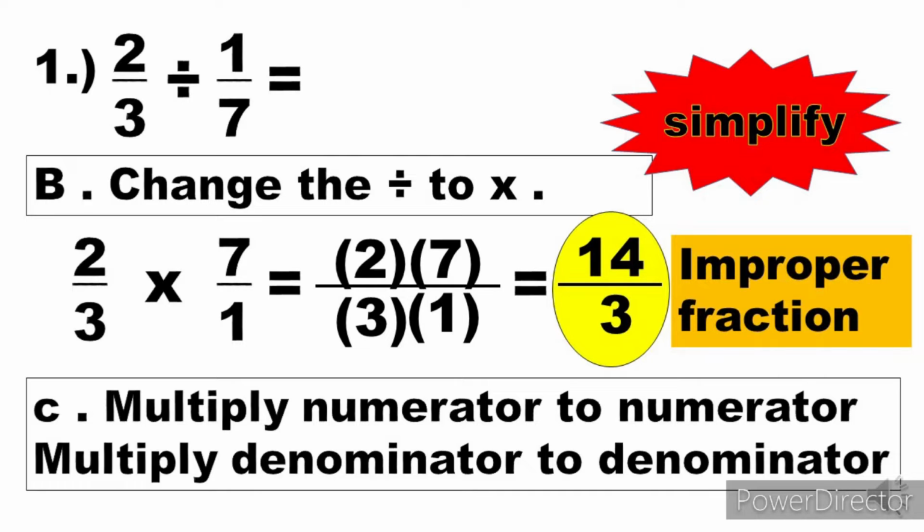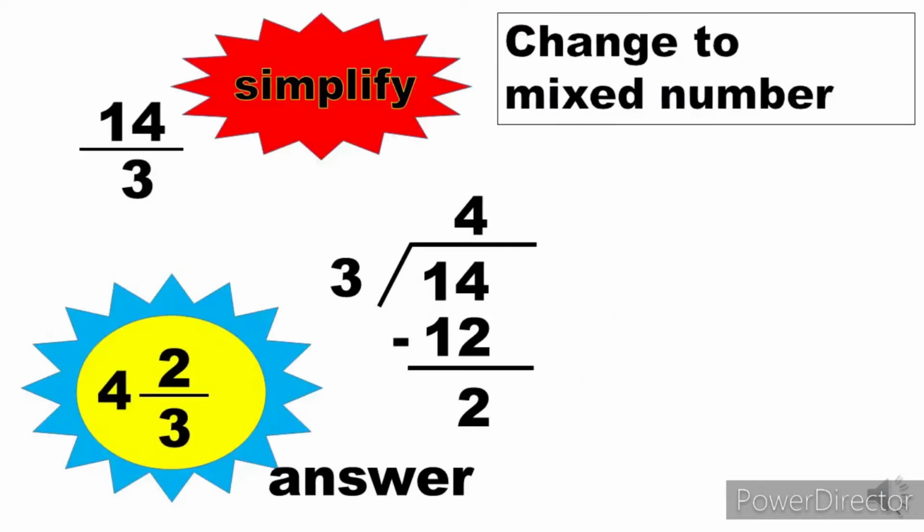Kapag ang quotient ay improper fraction, kailangan nating i-simplify at gawing mixed number. Para maging mixed number ang 14/3, i-divide natin 14 divided by 3. 14 divided by 3 is 4. So, 4 times 3 is equal to 12. And then, subtract natin. 14 minus 12 is equal to 2.